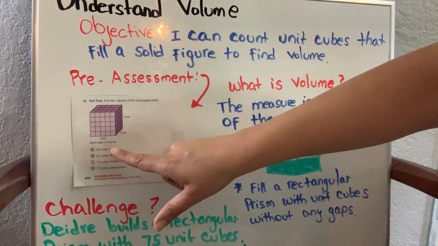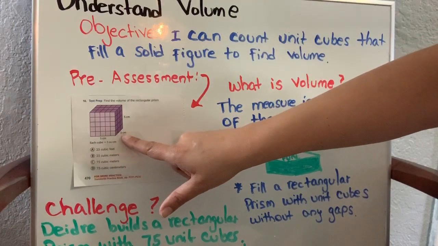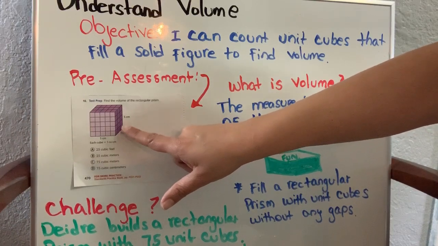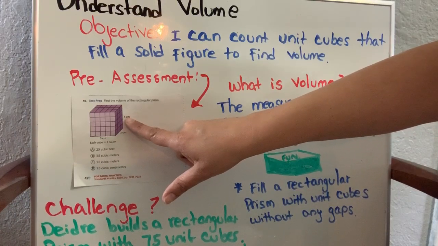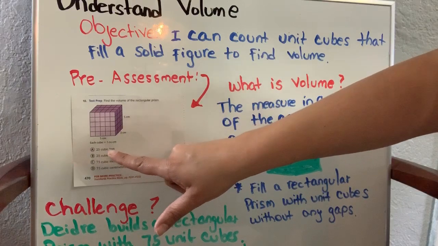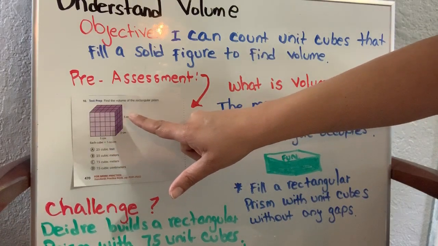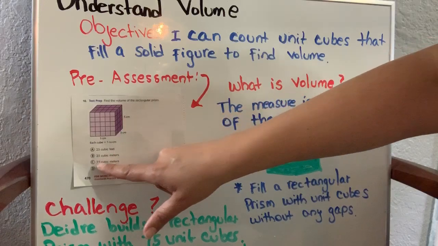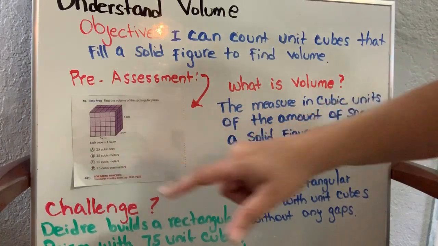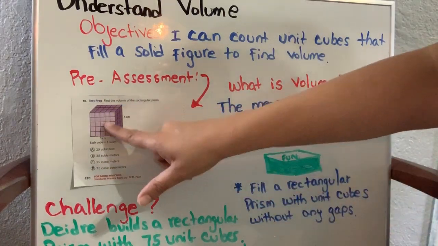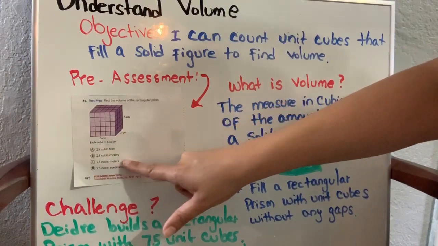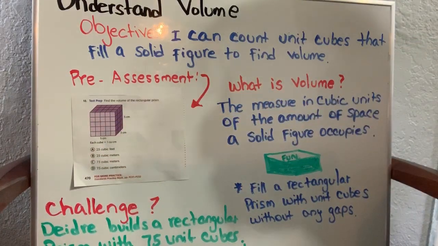So 5 times 3 is 15. Am I looking at it correctly? 15 times 5, sorry. 15 times 5 is 75 cubic meters. So if you thought the answer was 75 cubic meters, you got it correctly.